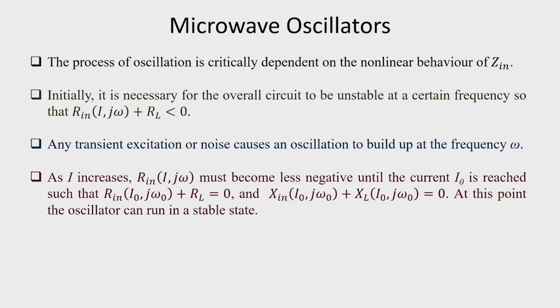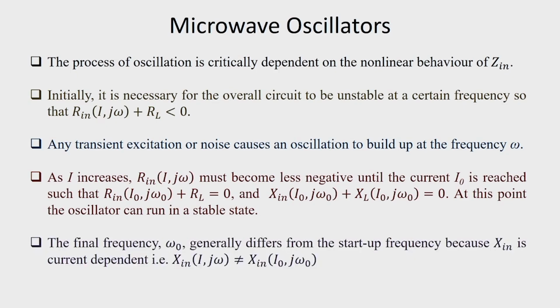At this point, the oscillator can run in a stable state. The final frequency omega naught generally differs from the startup frequency, because Xin is current dependent and Xin(I, omega) is not the same as Xin(I naught, omega naught).